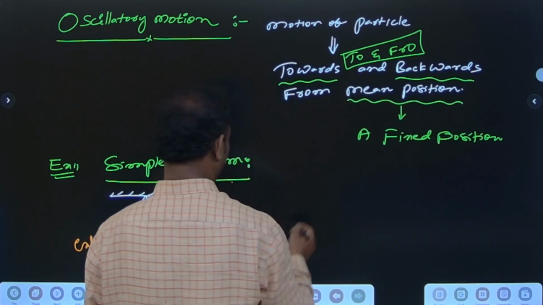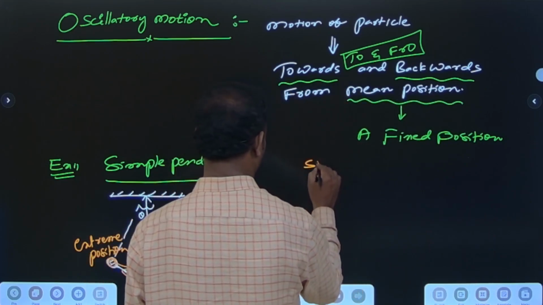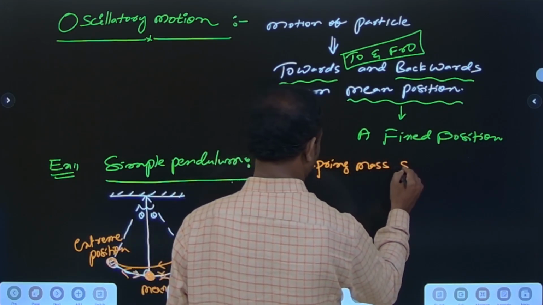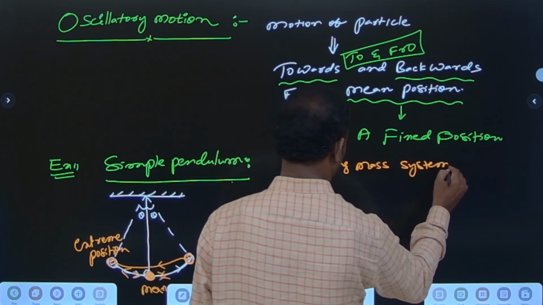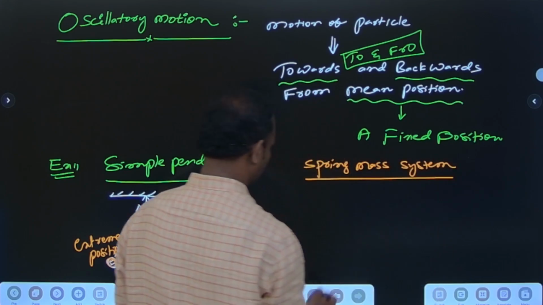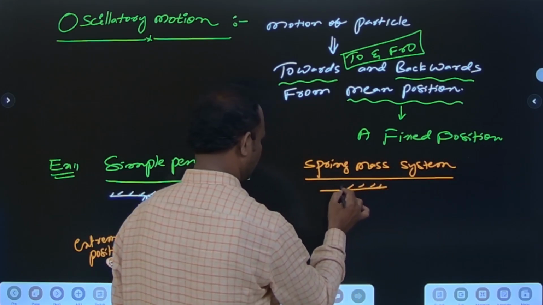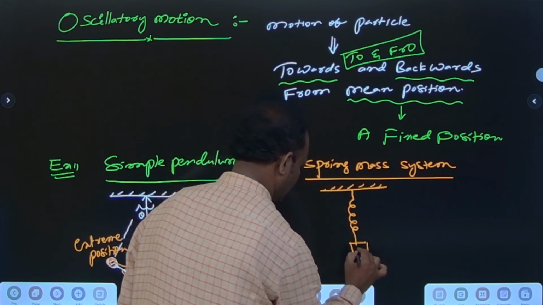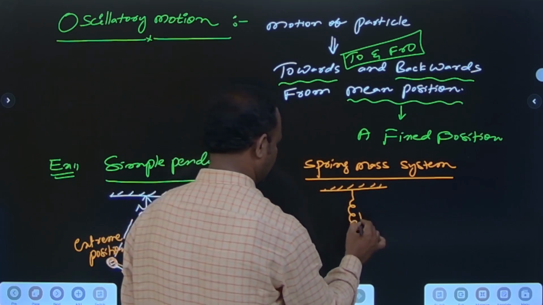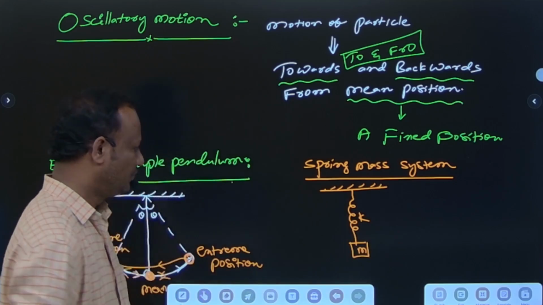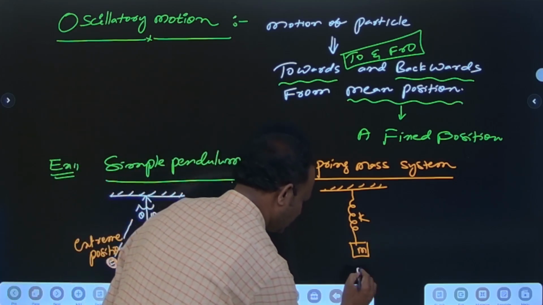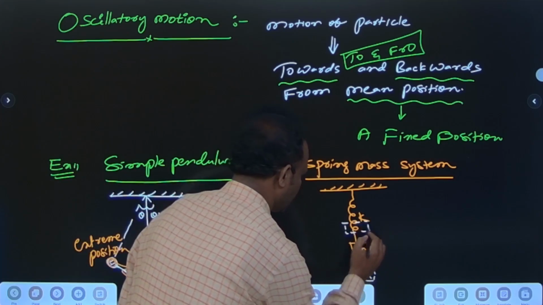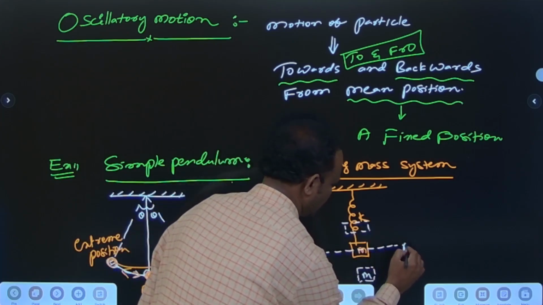One more example we can say is the spring mass system. A spring is taken from a fixed position, with mass m and spring constant k. When you pull it down to this position, it oscillates about this mean position.